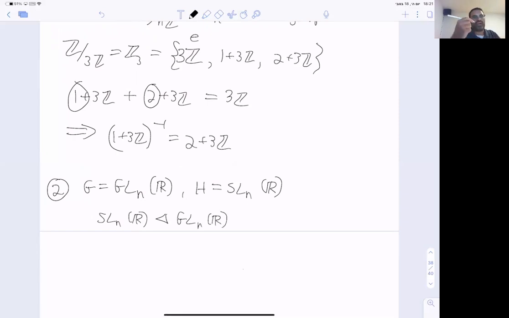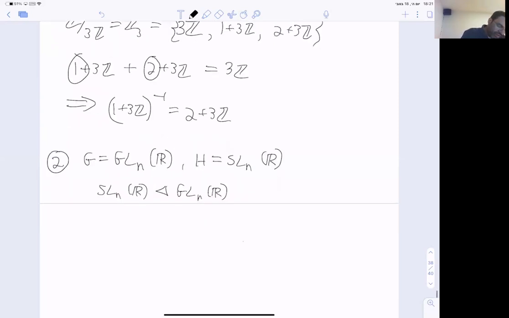I'm going to show you later why it is normal. But for now, let us think of G modulo H. Since it's normal, we can think of it as a group. So what will this contain?